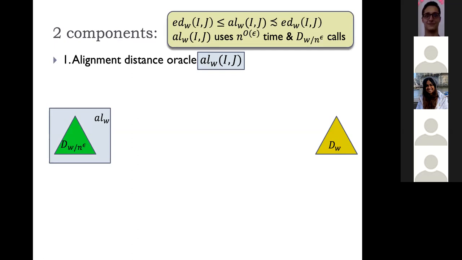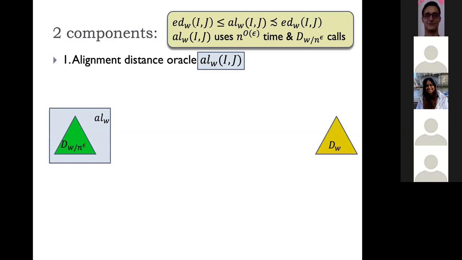We call it ALW. It stands for alignment distance, and given i and j, it will implement some kind of dynamic programming, which will use oracle calls to the distance oracle on shorter substrings to compute the distance on slightly longer substrings.